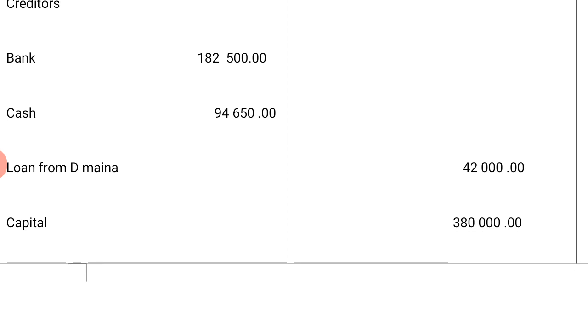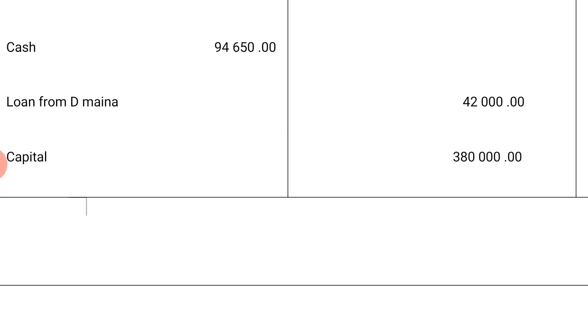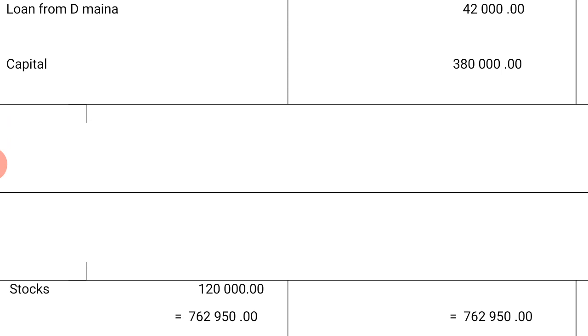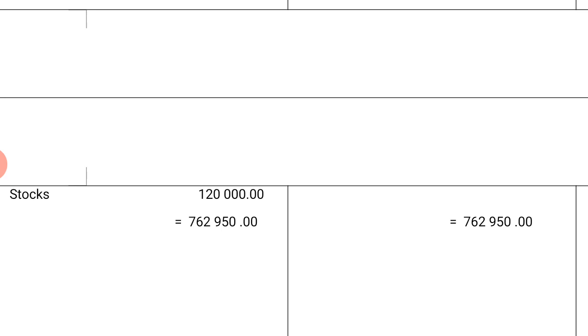Bank 182,500. Cash 94,650. Loan from D. Maina 42,000 naira. Capital 380,000 naira. Stocks 120,000 naira.